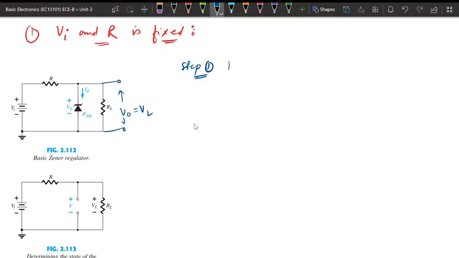So the first step is to determine the region of operation of the Zener diode. Once we know the mode of operation, based on it we need to find out the voltages. To find the voltages, we need to substitute this Zener diode with its equivalent circuit.